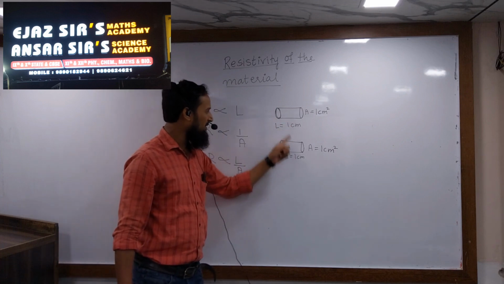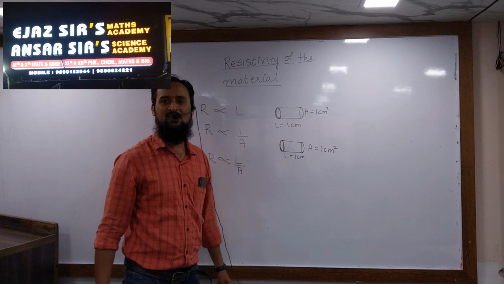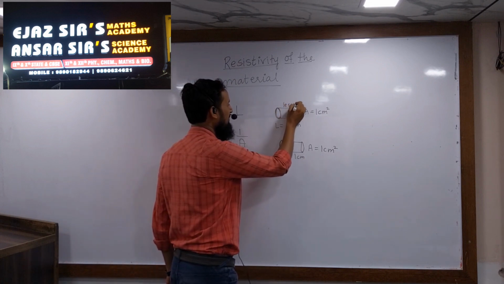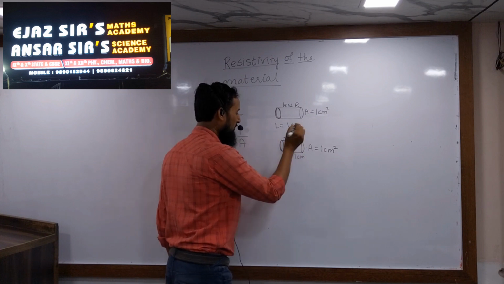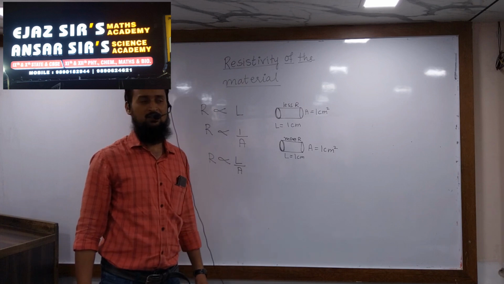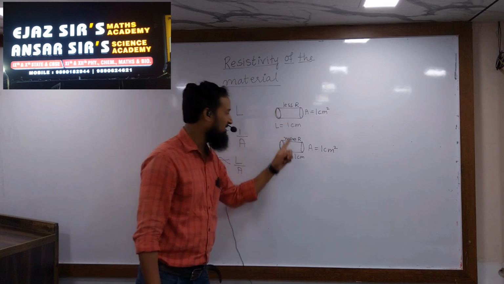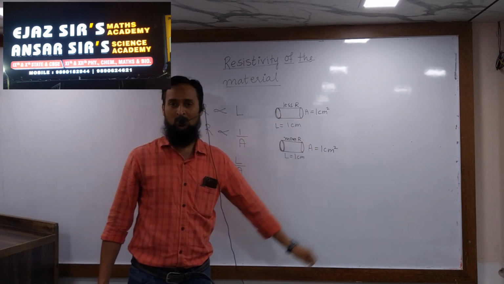Both the wires have same length and same area of cross section. Still, this wire has less resistance and this wire has more resistance. What could be another factor which is different for both the wires? Very good. Material. So the resistance of a metallic conductor depends on material also.